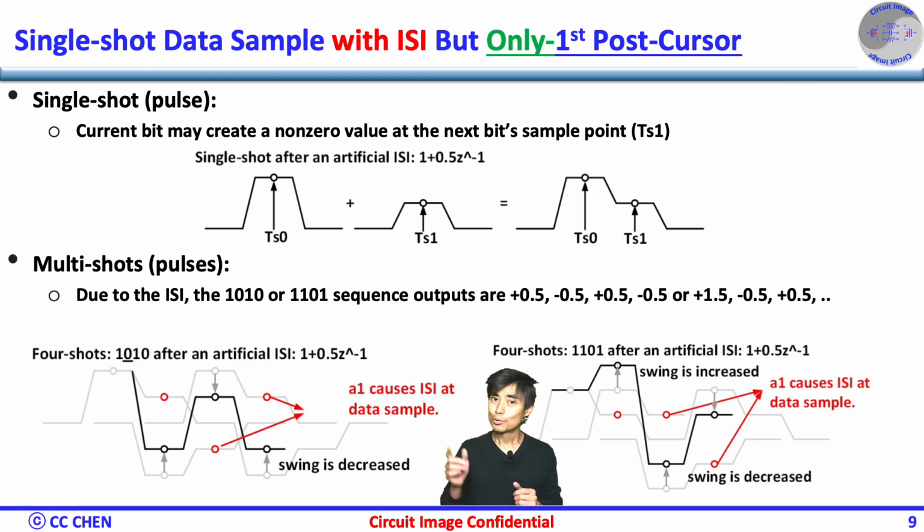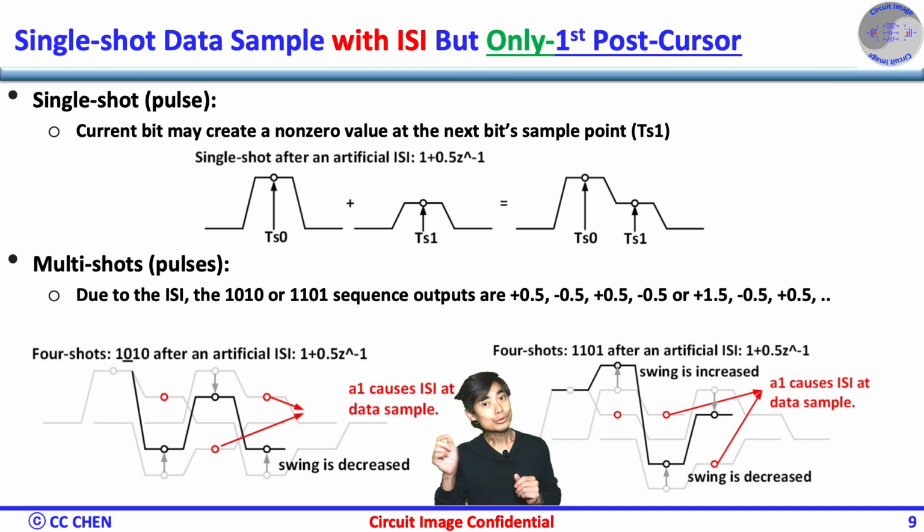For example, with a multiple 1010 or 1101 pattern, the data sample will be plus or minus 0.5 or plus or minus 1.5.